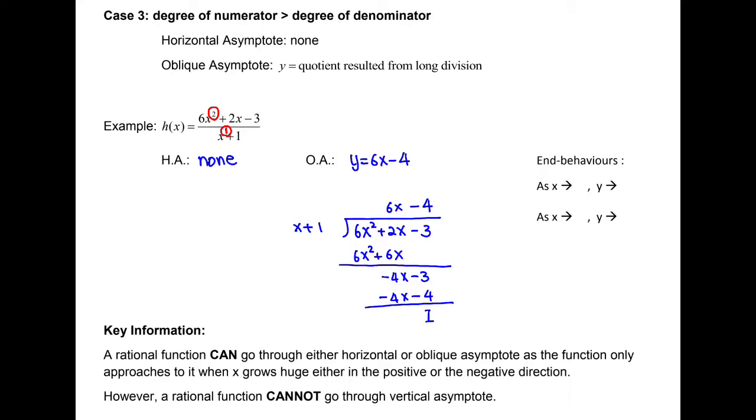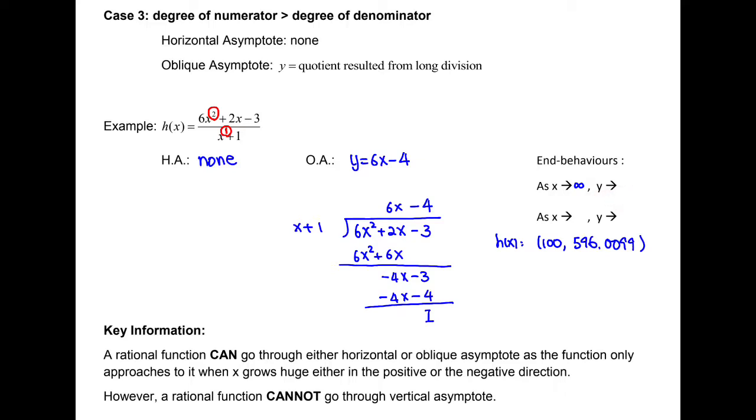Now, let's check the end behavior. Once again, on the right end, we have to let x approach positive infinity. Here, we're going to let x equals 100 to find the y value, which is 596.0099. So we know as x is approaching positive infinity, y is also approaching positive infinity.